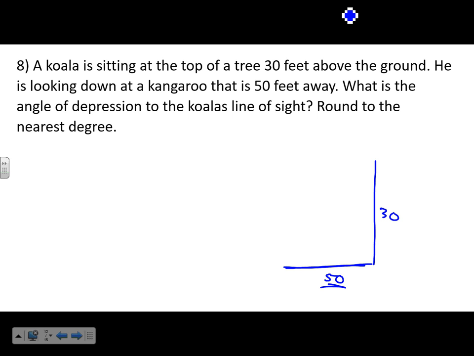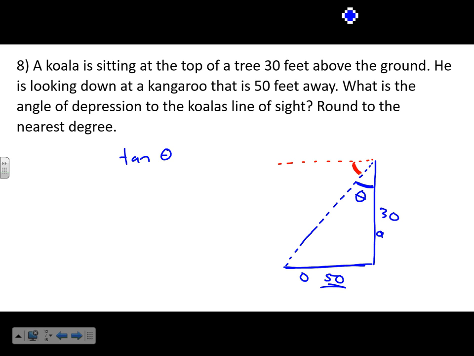So the angle of depression. Now again, the problem with this is a lot of you guys will find this angle and you'll put that as your answer. But the angle of depression is this angle. So we're going to first find this one, but we're going to use that then to find that red angle. So we have the opposite and adjacent. So we're using tangent again. That happens kind of a lot in this.